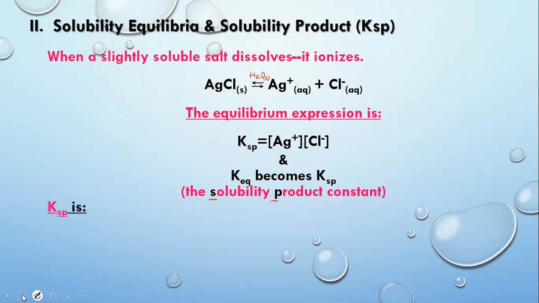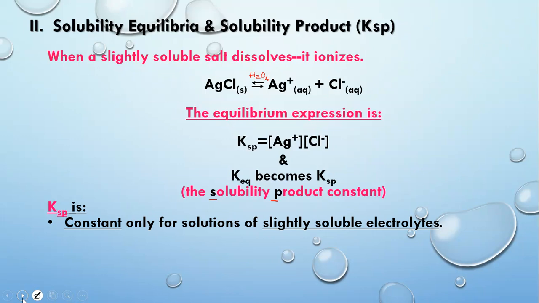Now, a couple of things about KSP that you want to keep in mind. KSP is constant only for solutions of slightly soluble electrolytes.